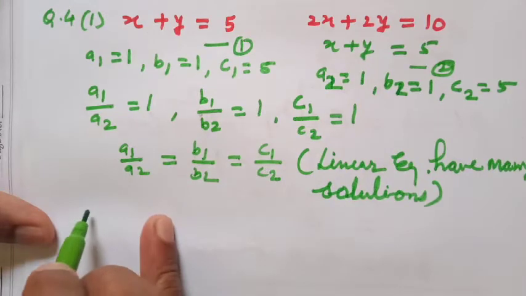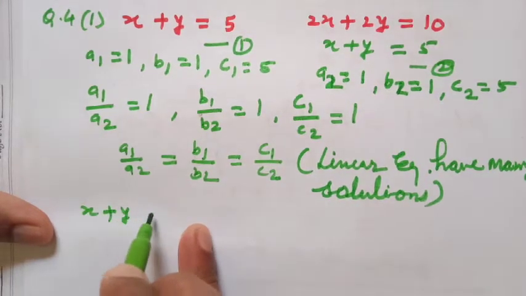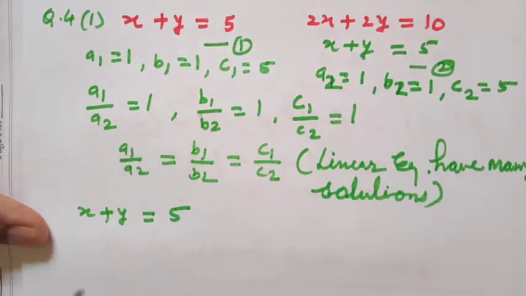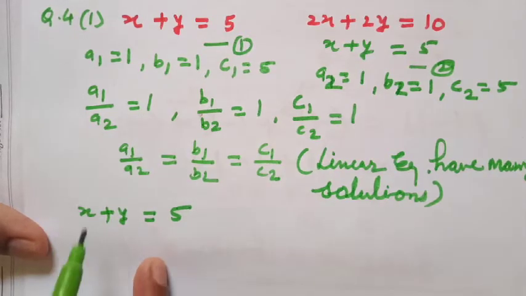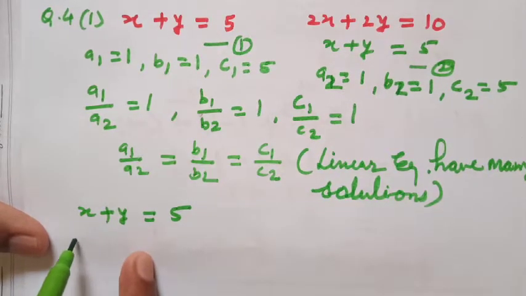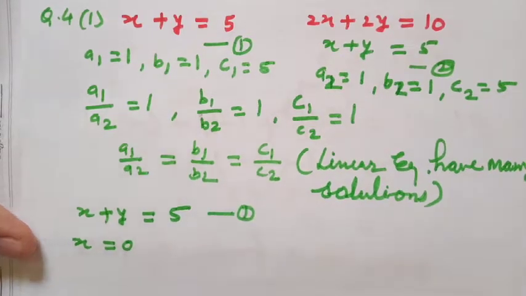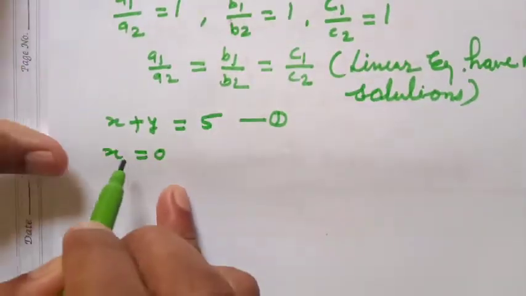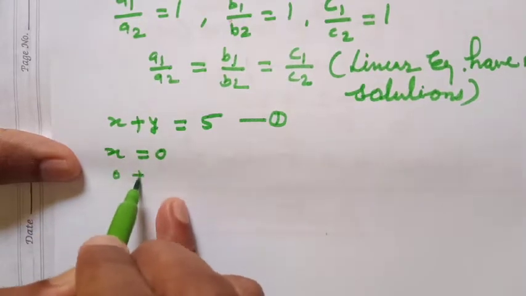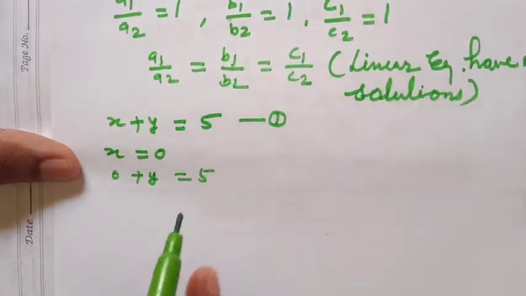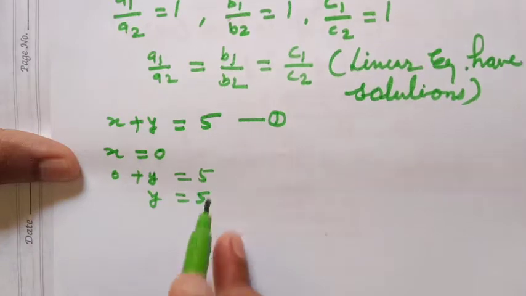Our first linear equation is x plus y is equal to 5. In this situation we put the value x is equal to 0 in this linear equation. If x is equal to 0, put the value here: 0 plus y is equal to 5. It means y is equal to 5.